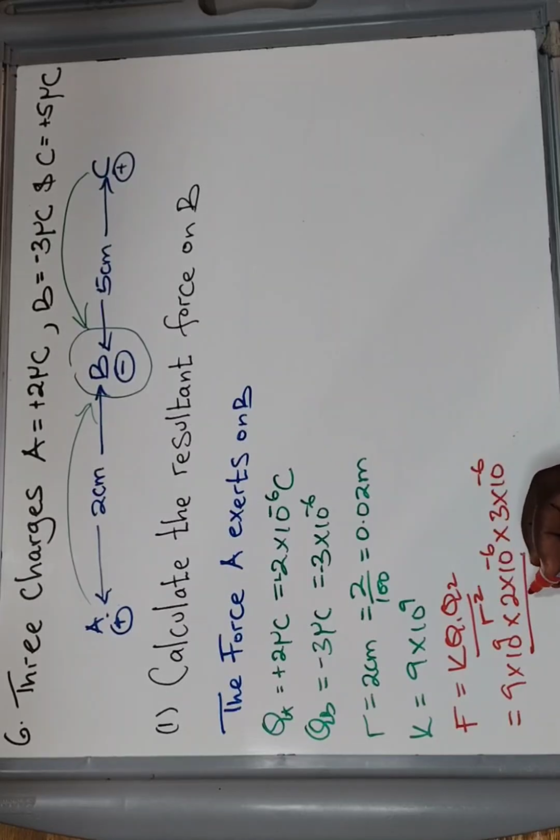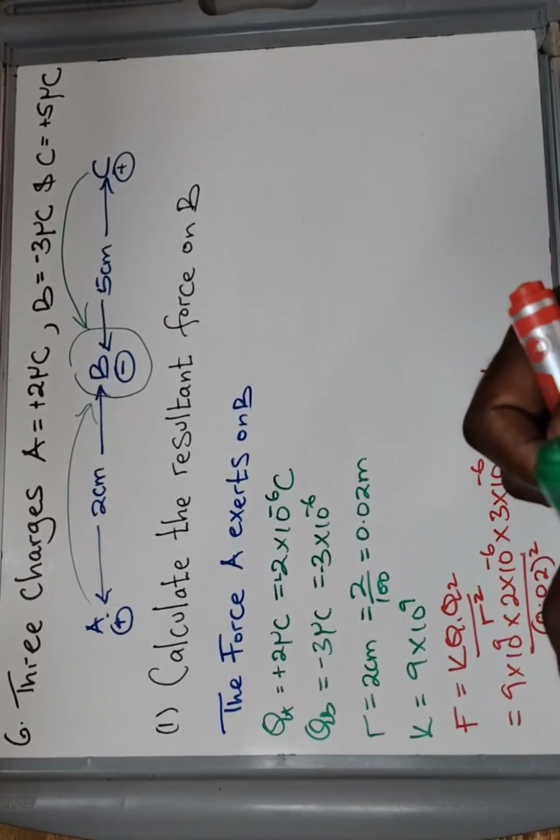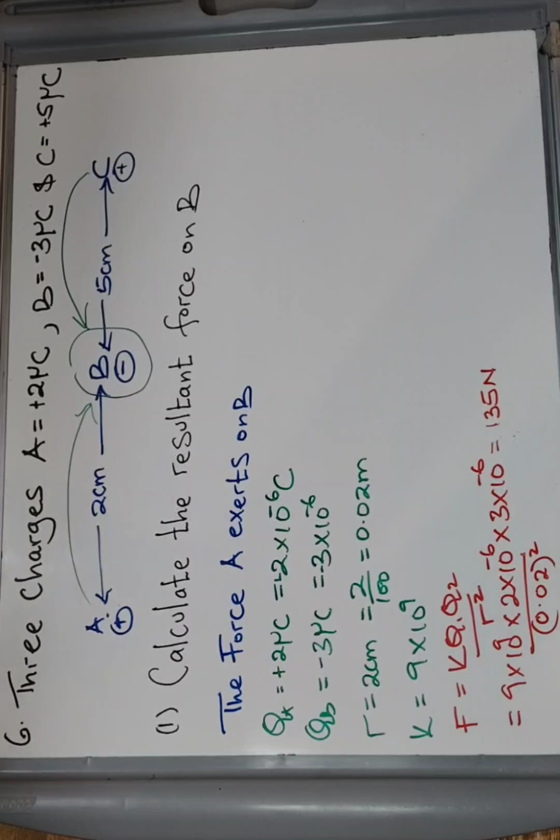All this over radius, which is 0.02 squared. And what we get is our force A exerts on B. So there we are. It is 135 newtons.